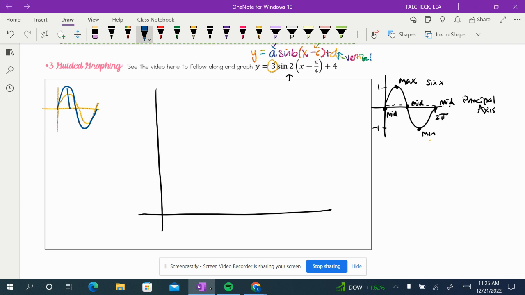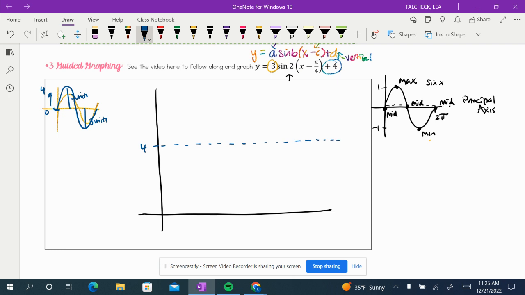So it's 3 units up and 3 units down from the midline, okay? While we're considering the amplitude, let's also consider the vertical shift. We take this midline from 0 and we shift it up to 4.